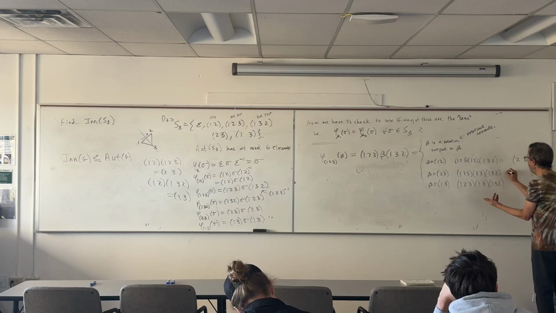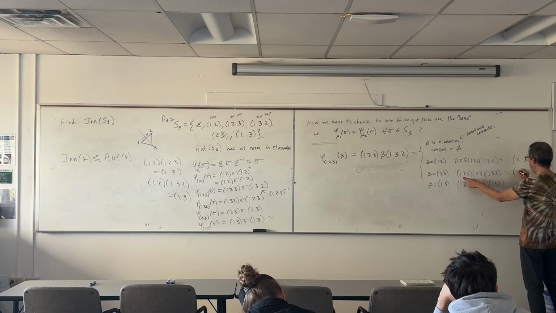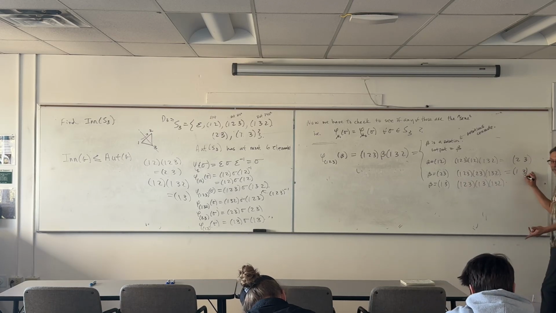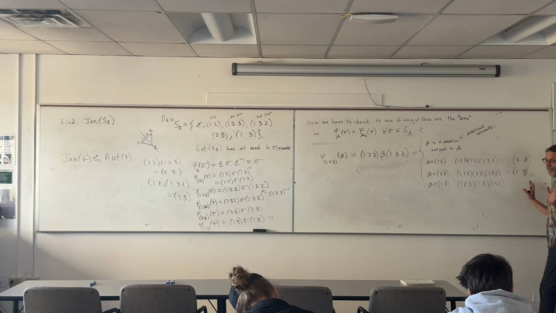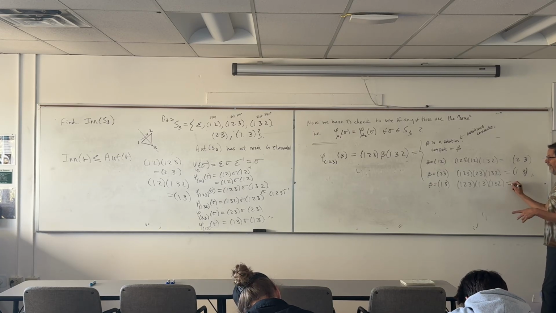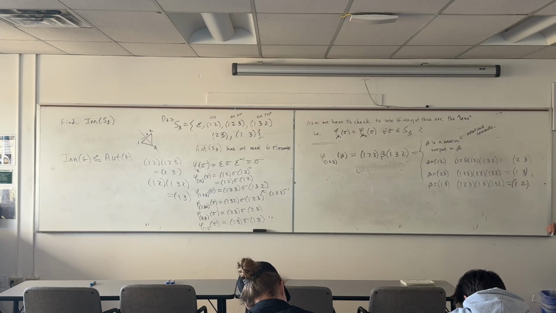And then this guy here, let's see, 1 goes to 3, goes to 2, goes to 3, so 1 goes to 3. I bet the 2 goes to itself, and I bet the 3 goes to 1. What do you think this one is? (1 2), yeah. It'll go to (1 2).